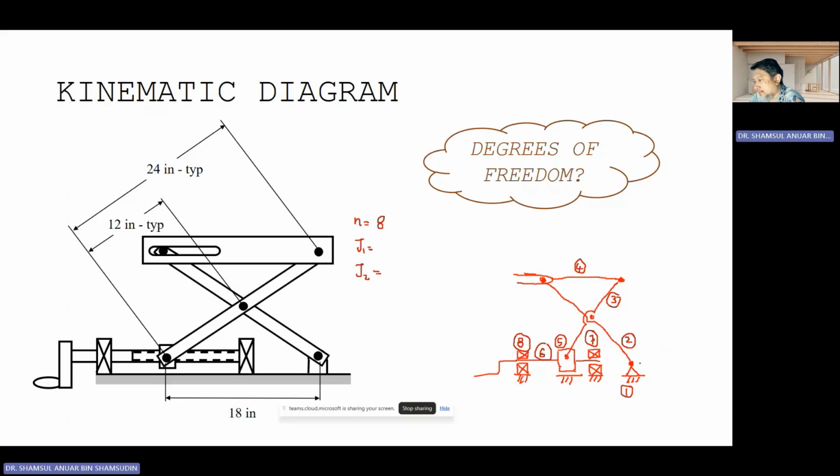J1 is marked by lowercase letters. So we have A, B, C, and this one will be a J2.